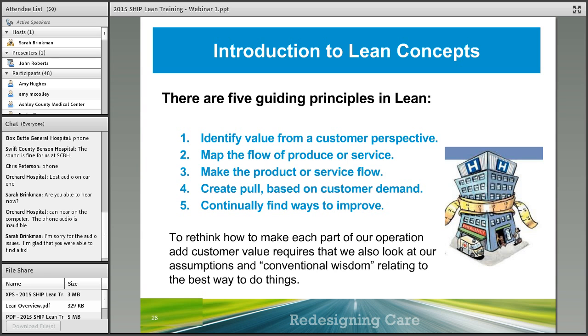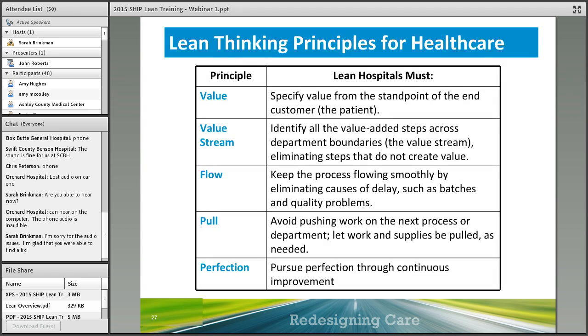And then finally, consistently, continually looking at ways to improve. We want to engage everybody on the front line to rethink and to problem solve on a consistent basis and really look at how they can improve their jobs and how they can improve the outputs.